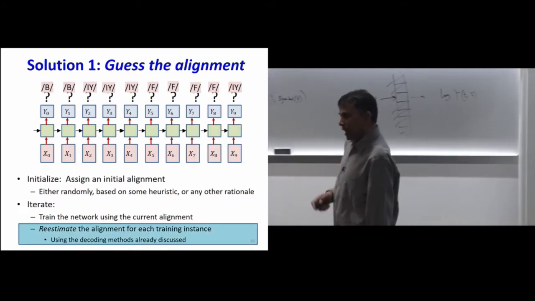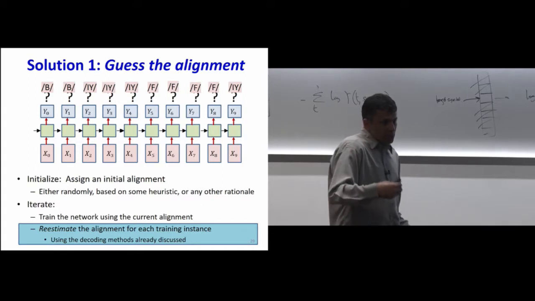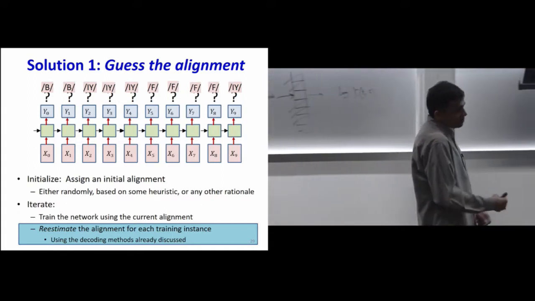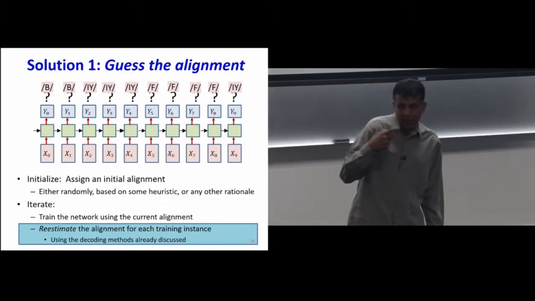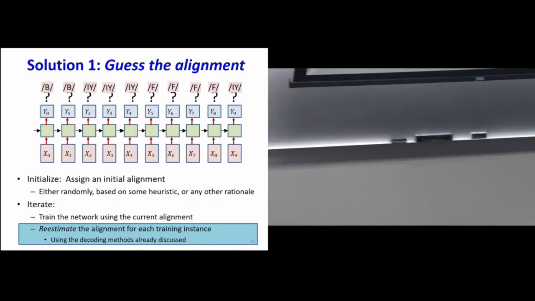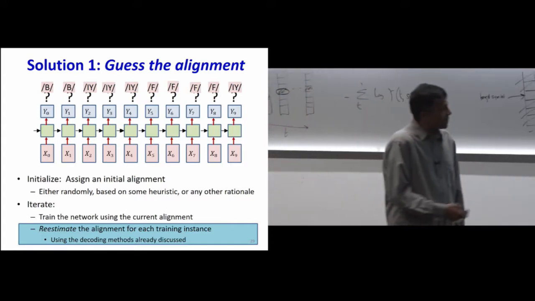No. So what I can do thereafter is, once I've trained the models, I can go back and re-estimate the alignments. And I would expect the re-estimated alignment to be better. And then I can use the re-estimated alignments to go back and retrain my system. Very simple idea. Now, how do I re-estimate the alignments?